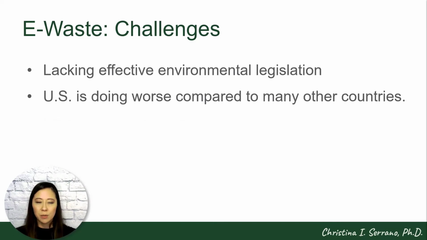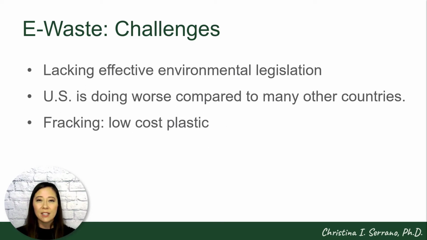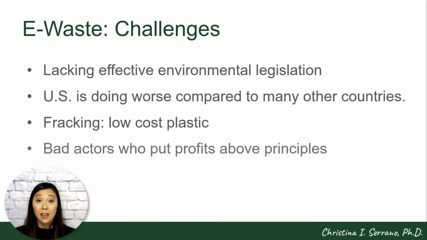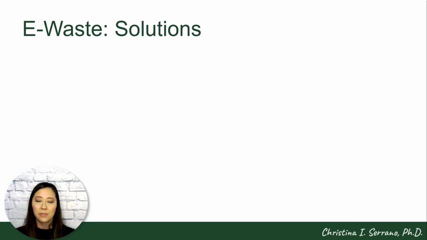Another problem that your book talks about is fracking. Because the cost of natural gas is so low, it's used to make cheap plastic that's about as affordable as really low-grade recycled plastic. The book also talks about bad actors who put profits above principles.